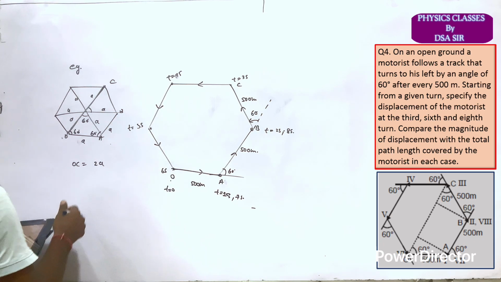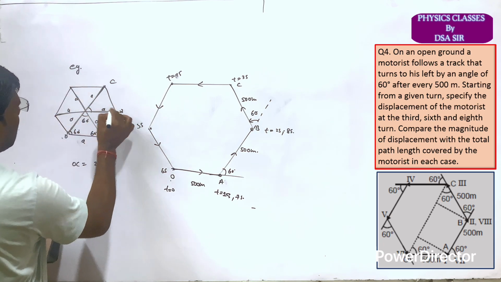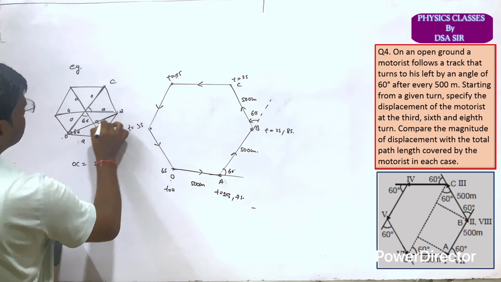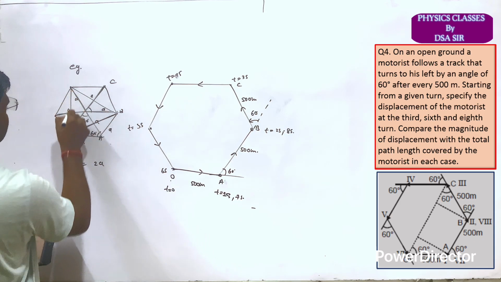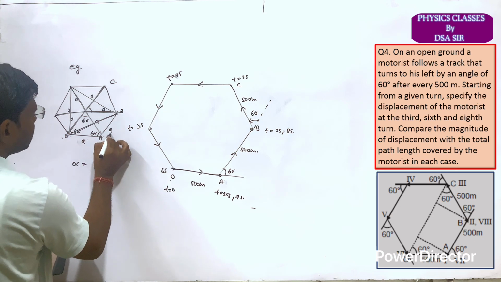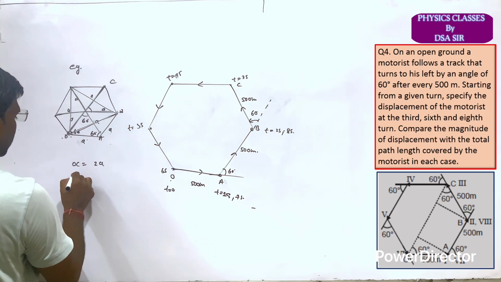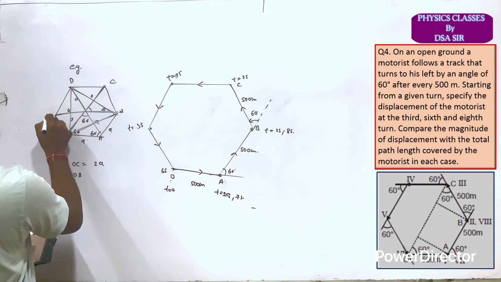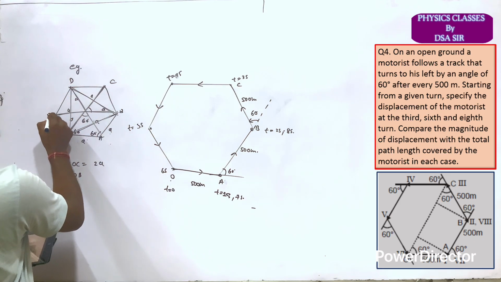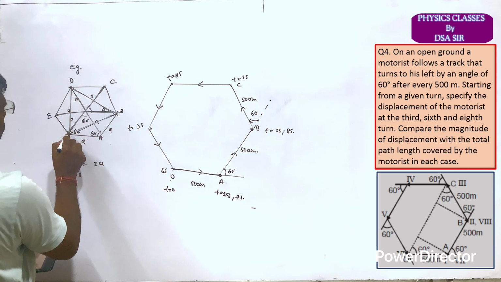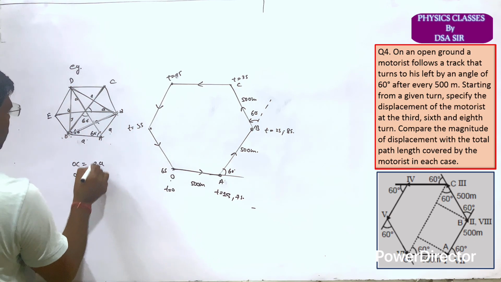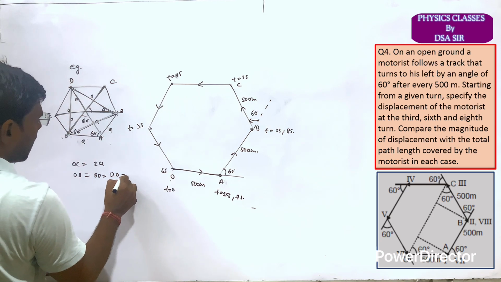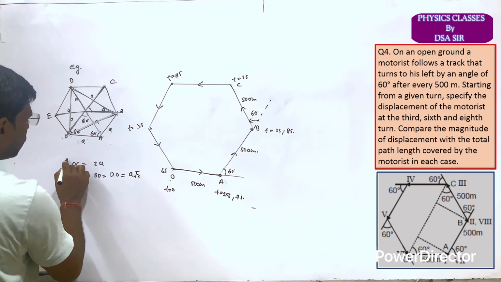Are you getting it or not? All the biggest diagonals are of length 2a. Now if we consider this diagonal, this length, and this other length, with this being a and this being a, in the hexagon OABCDE, OB is equal to BD is equal to DO, which is a root 3.